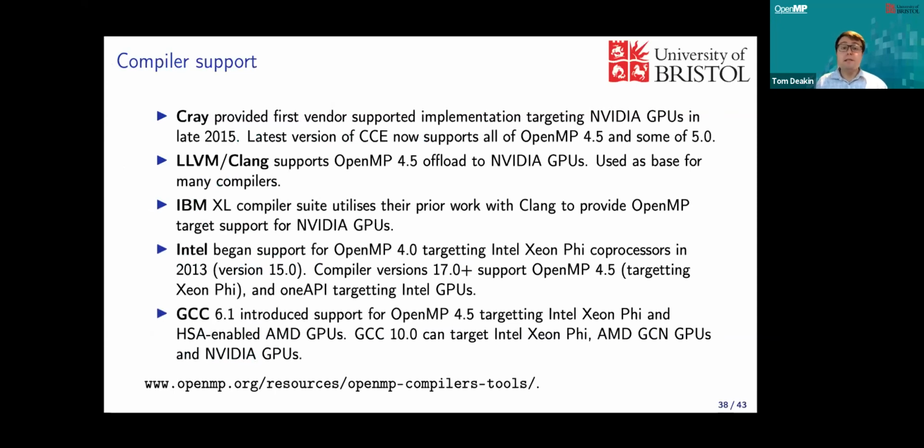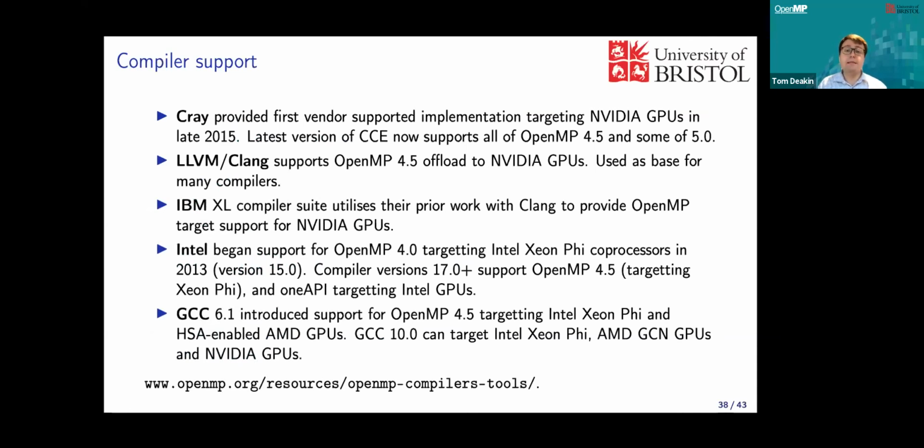So let's talk a little bit about compiler support. Cray was quite early in adopting support for NVIDIA GPUs, at the end of 2015. As you've seen and what we've been using today, the latest version of CCE now supports all of OpenMP 4.5 and some of 5, in C, Fortran and C++ as well.